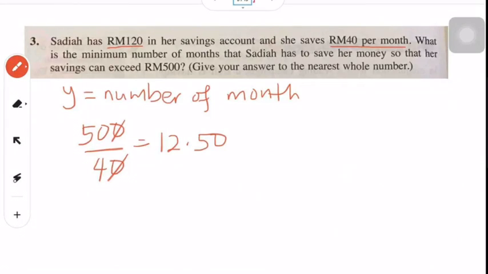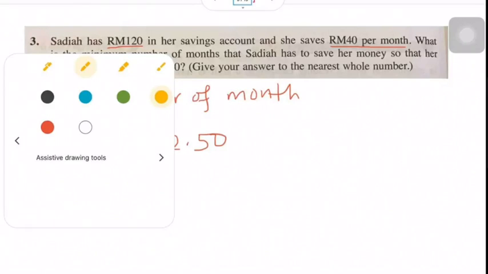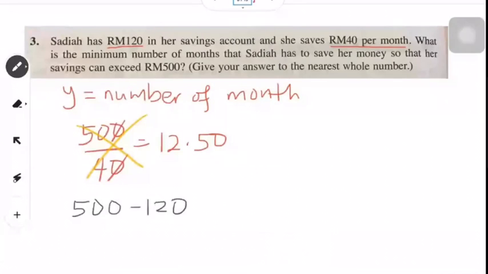Izzati said minus. Why minus? 500 minus 120 first, and then divide by 40 to get the number of months. Because she already has that 120. So we actually have to do 500 minus 120 and then divide by 40.